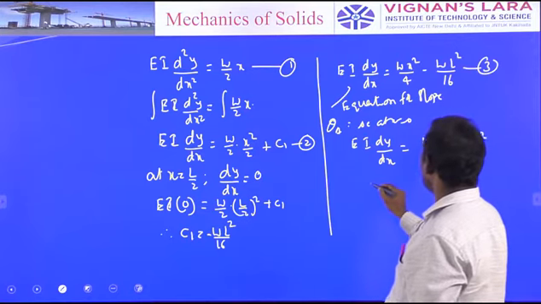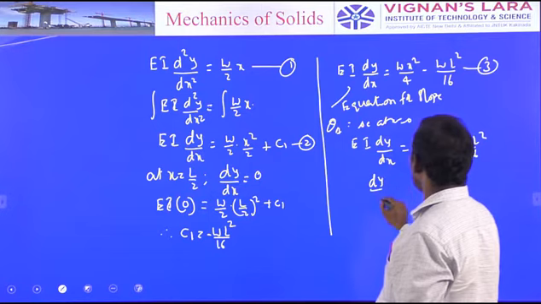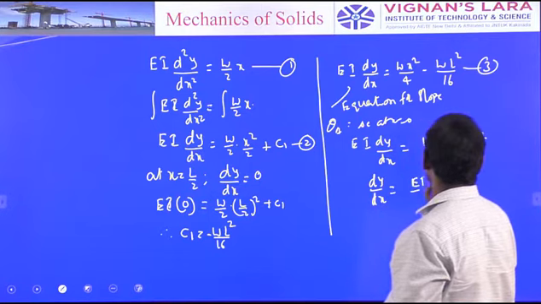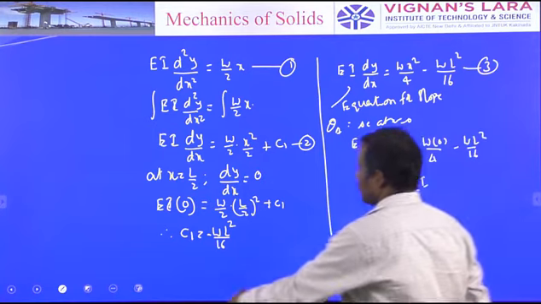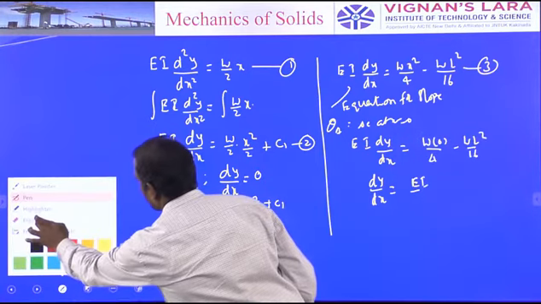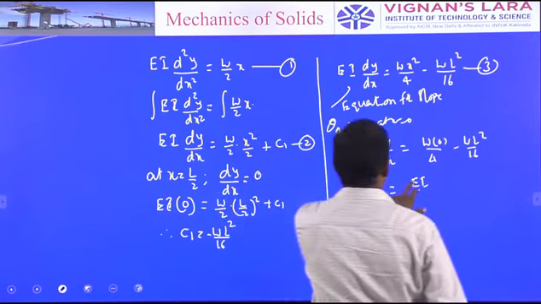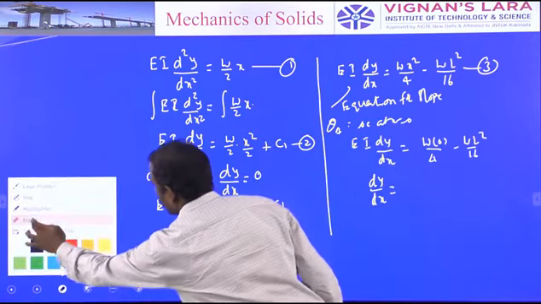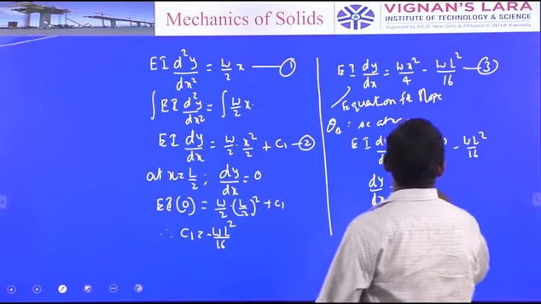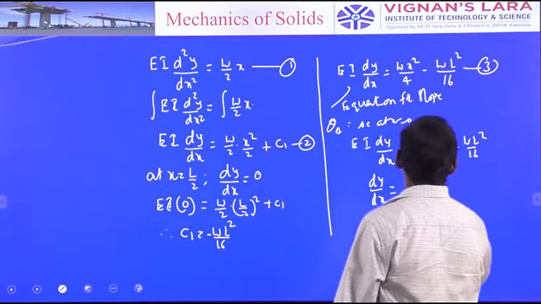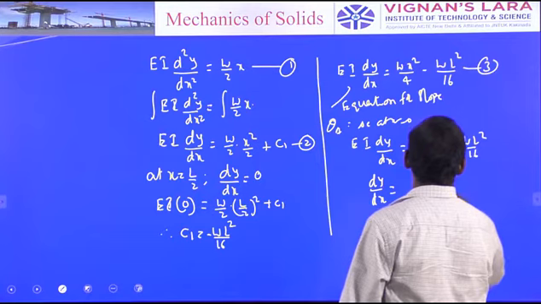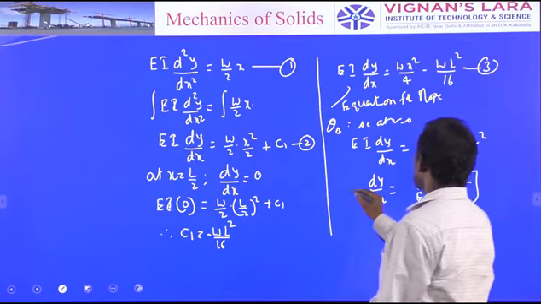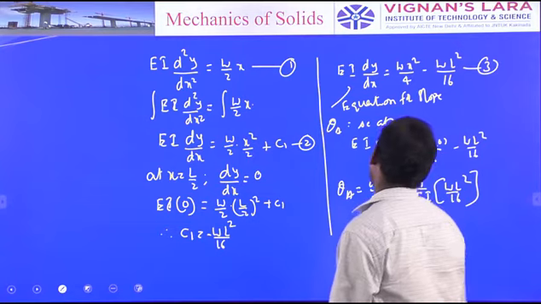So finally dy by dx is equal to 1 by EI into wL square by 16. That is theta A.